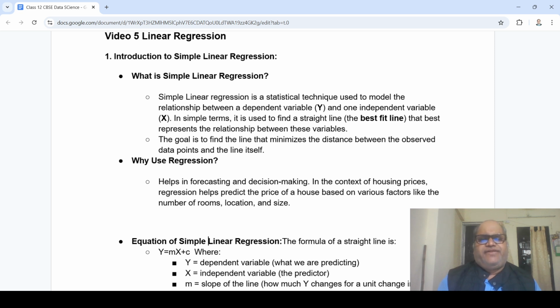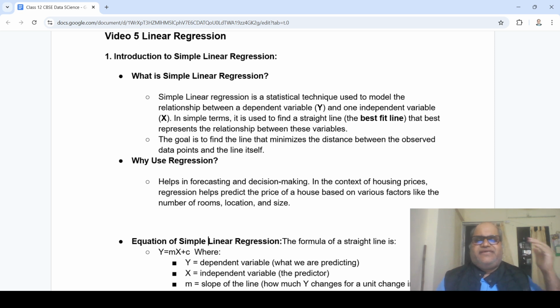You might have come across the equation of a line in one of your math lectures, right? Where you say y is equal to mx plus c, where m is your slope and c is some kind of constant, which is typically the offset when your x is 0.